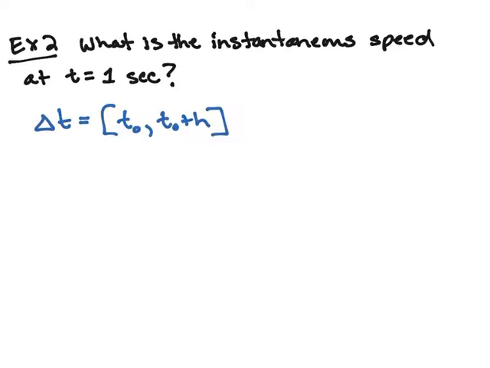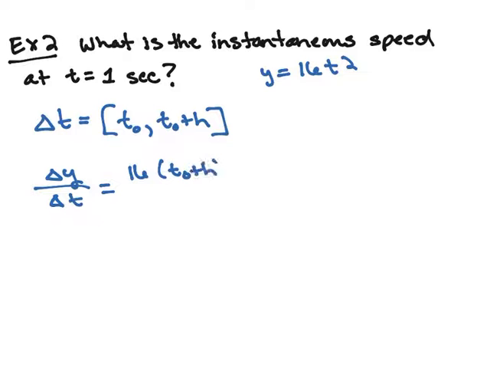Then if I want to find my average rate of change, my change in y over my change in t, remember we're using the formula y equals 16t squared, it would be 16 times t naught plus h squared, because that's my t2, minus 16 times t naught squared, over h.